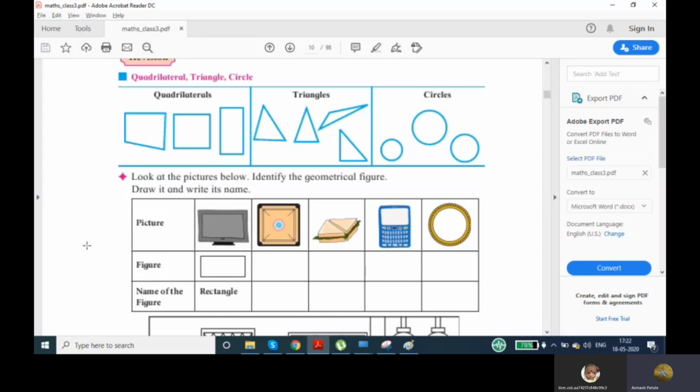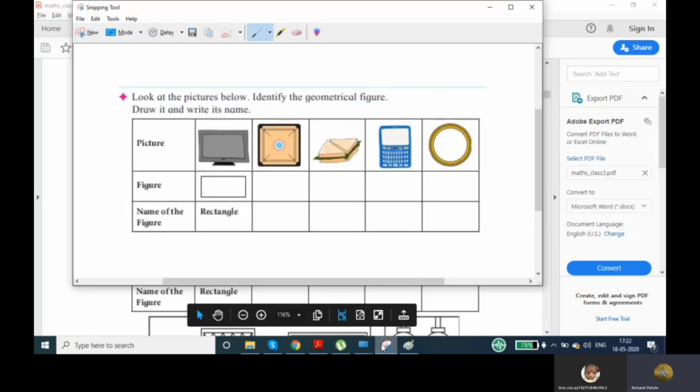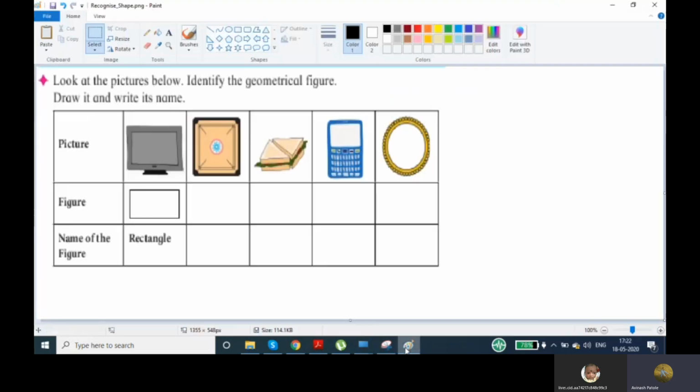Now look at the pictures below, identify the geometrical figures, draw it and write its name. So we are going to do this activity. So here we are. Now let's look at this carom board.